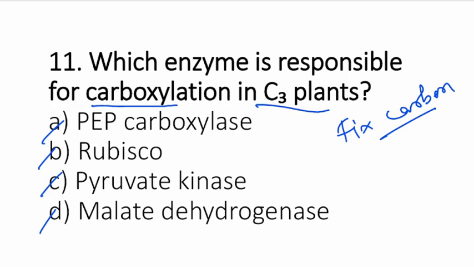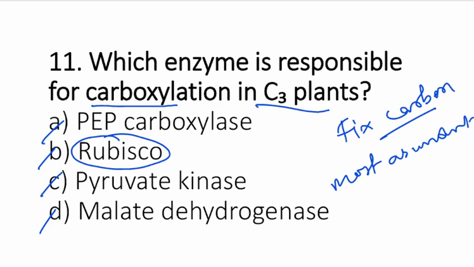In C3 plants, rubisco is the enzyme, the most abundant enzyme present on the globe. So rubisco is the enzyme that fixes the carbon.